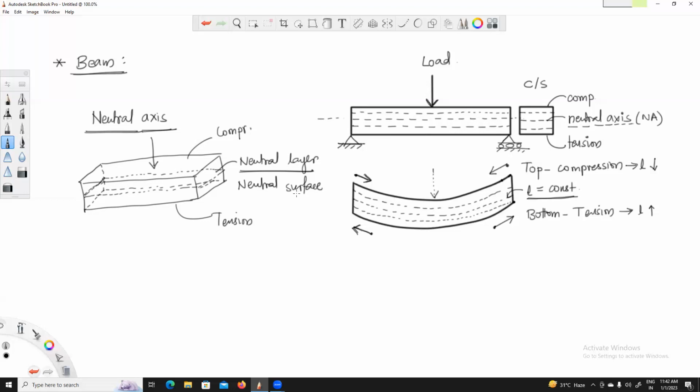So consider this first fiber, let me call it AB. Let me call this one PQ, and let me call this middle fiber CD. Now, once we apply this vertical load, AB will become A dash B dash, the middle fiber will become C dash D dash, and the third fiber will become P dash Q dash.